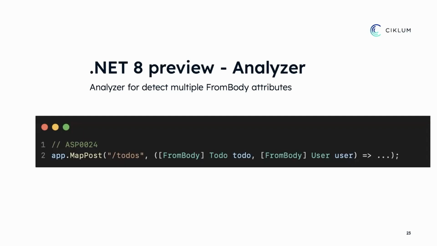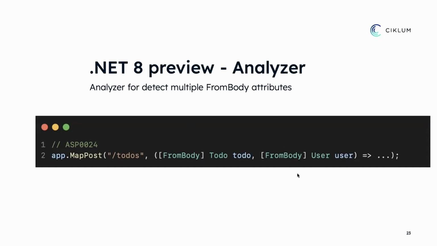I just chose a few things from the .NET 8 preview. What I saw is that they use an analyzer which can detect if you write bindings improperly. For example, in this example, we have [FromBody], which is not correct.